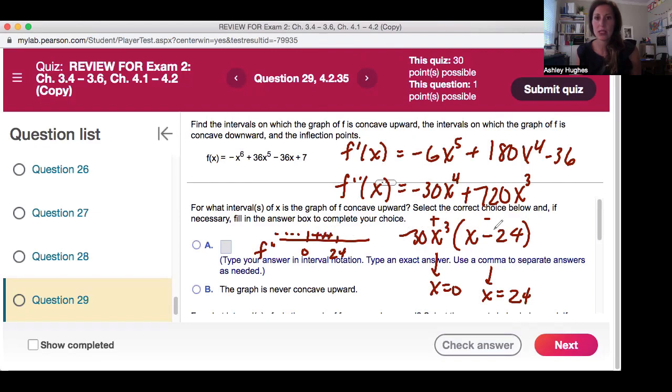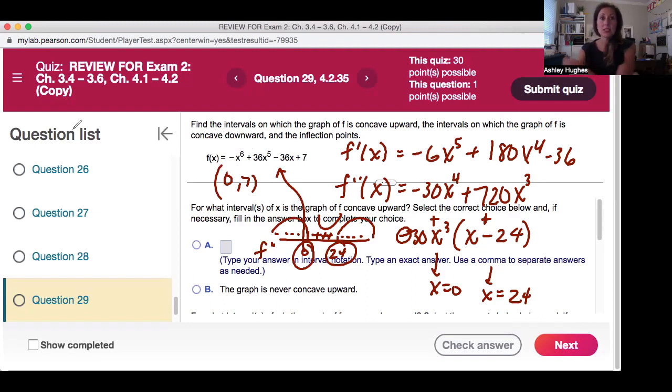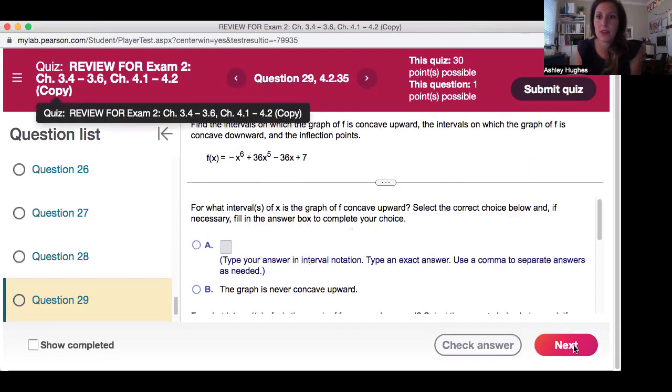And if you put in a bigger number over here, this is going to be positive and positive, but you have this negative in front, so negative. So concave down, concave up, concave down. So your points of inflection are at 0, and then you would plug in up here, and at 24, plug in 24, whatever you get, if you need to give X and Y coordinates. But the places where the concavity changes, that's the points of inflection.